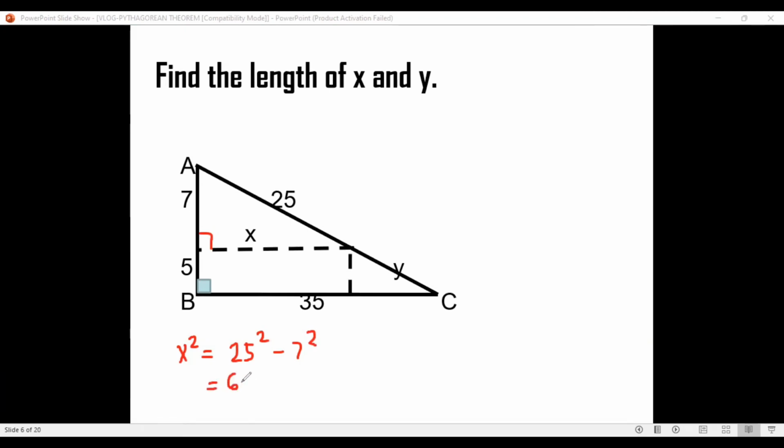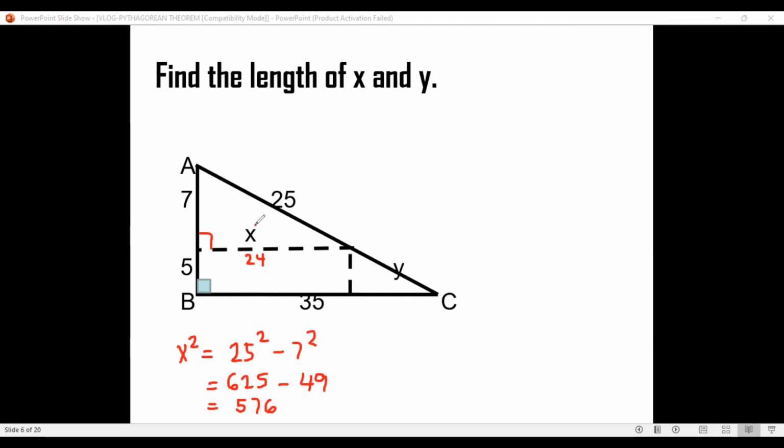So we have 625, and that will be subtracted by 49. 625 minus 49, the answer that we are getting here is 576. If you will remember, this is one of the Pythagorean triples that we had a while ago, and the answer for x is 24. So x is equal to 24.